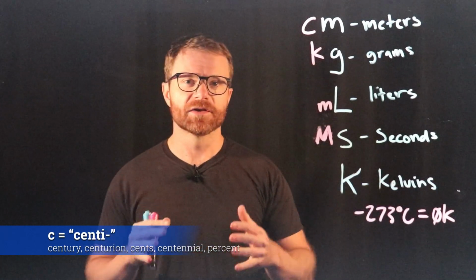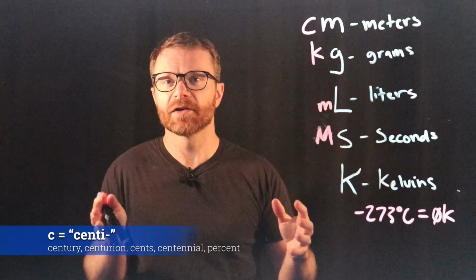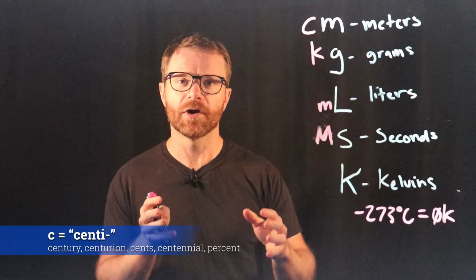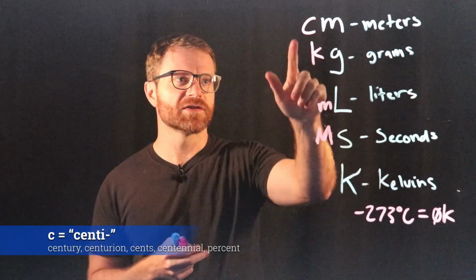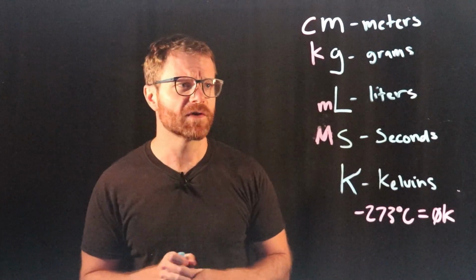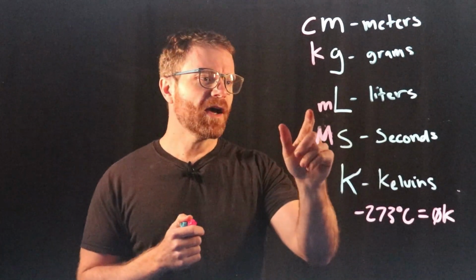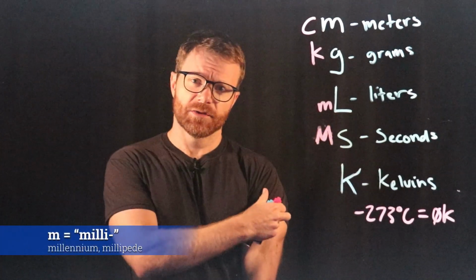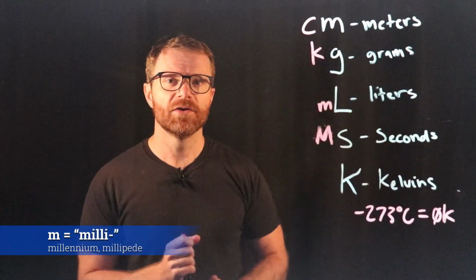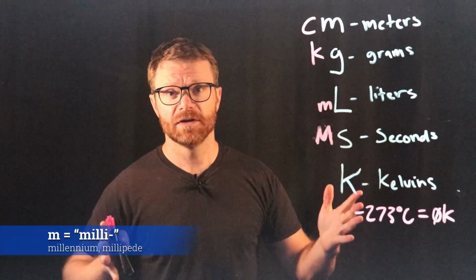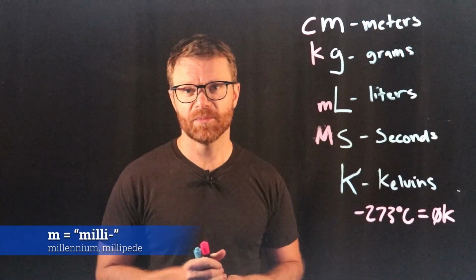A centurion is a Roman military leader that would have authority over 100 legionnaires. A century is 100 years. So centi's usually pretty easy to remember. It's 1/100th. Milli, I think, is also pretty easy to remember, because milli means 1/1000th. And you might know that there are 1,000 years in a millennium, for example.